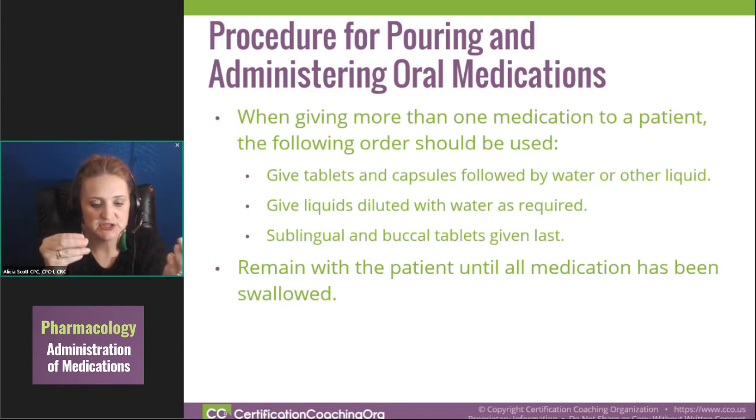So if they're supposed to take 2 pills, and then they're going to get 1 ounce of another liquid medication, you give that second, and then if they need a sublingual tablet, that goes last. That's just pretty basic protocol in the administration of more than one medication.